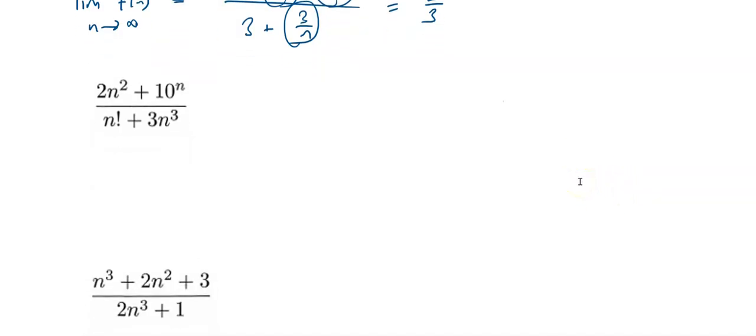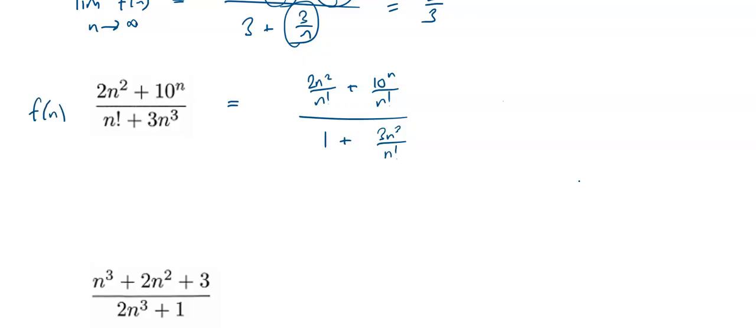So this one, we've got to decide what is the most dominant term. It's the factorial, so that gives us 2n squared over n factorial plus 10 to the power of n over n factorial over 1 plus 3n cubed over n factorial. We'll call this f of n, and now the limit as n approaches infinity of that thing.